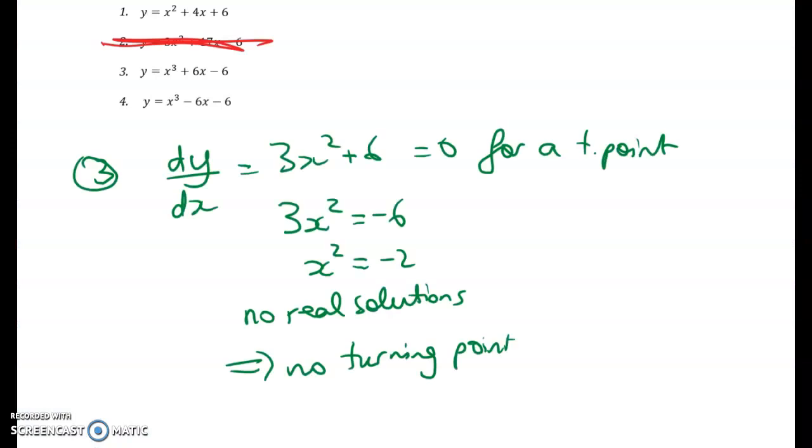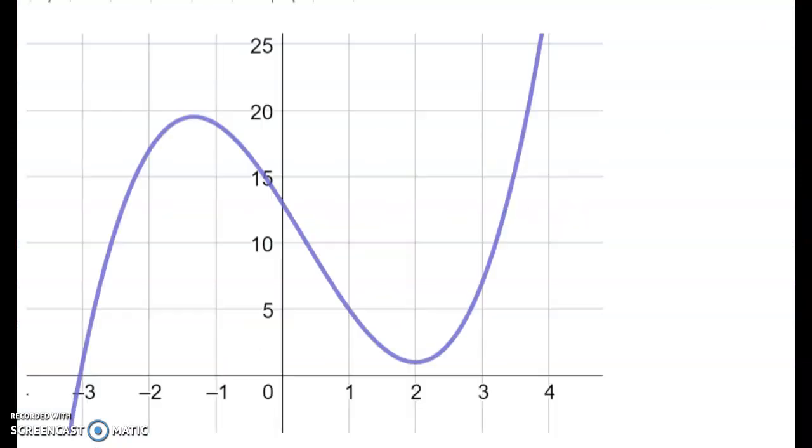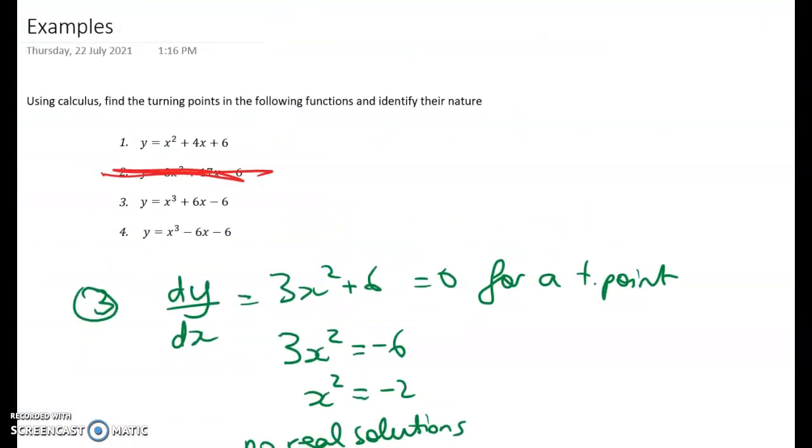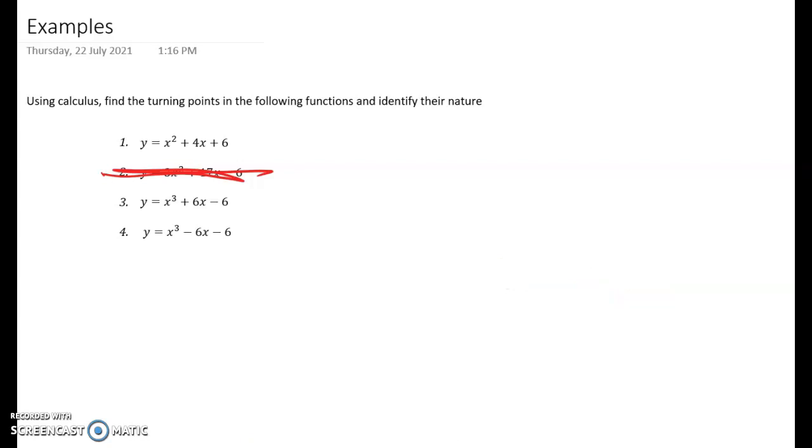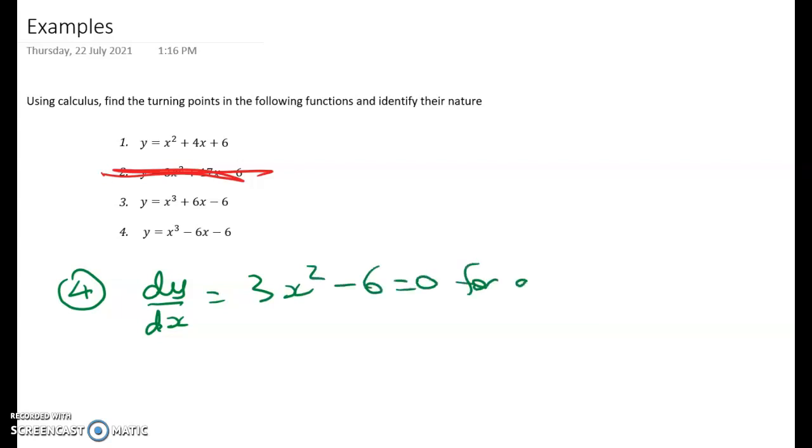So let's do that now. Right, so the next one is just about the same equation, but not quite. So when we differentiate this time, we are going to find turning points. So dy by dx is equal to 3x squared minus 6 equals 0 for a turning point.